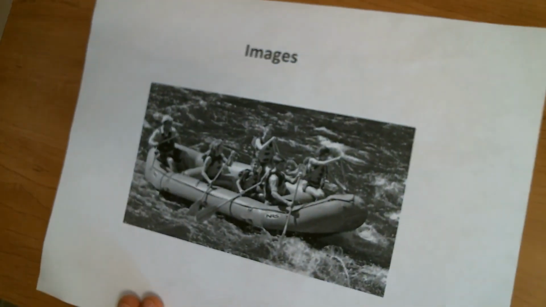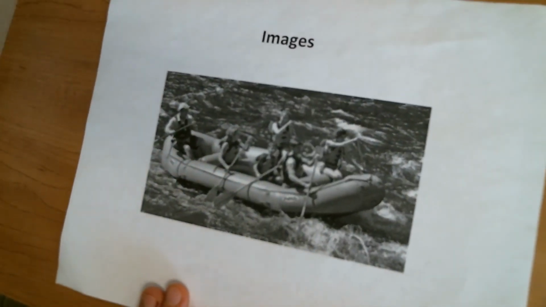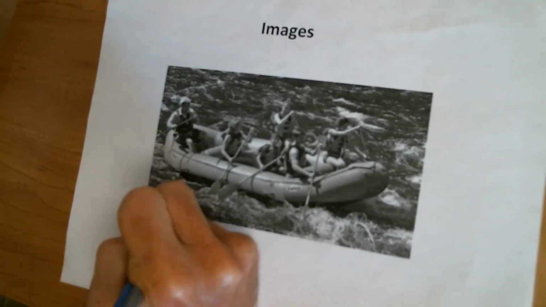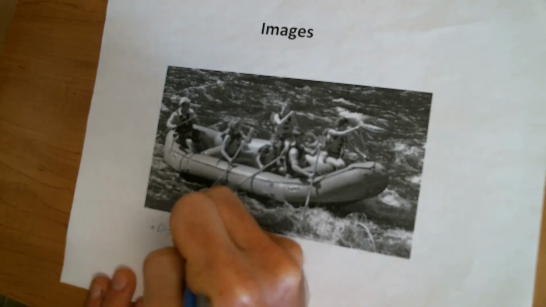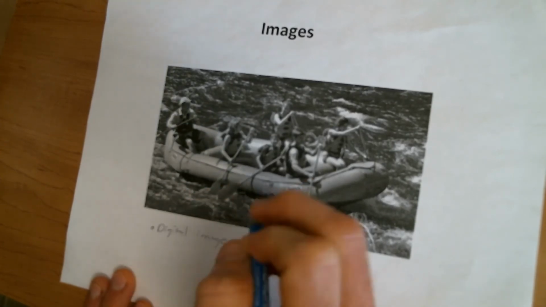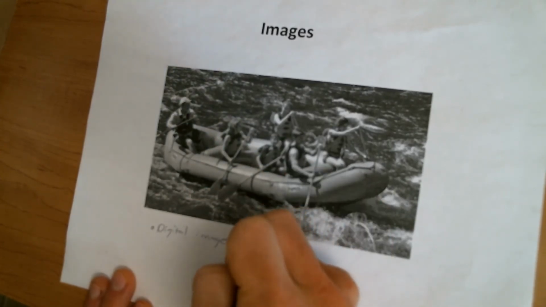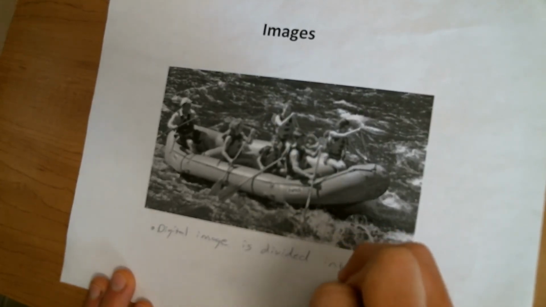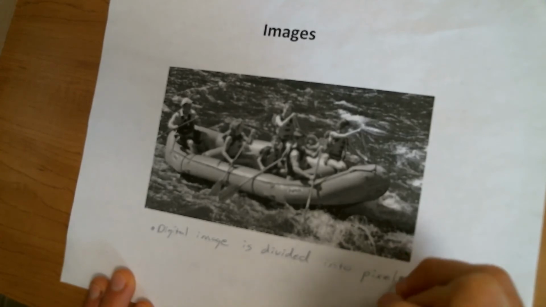Well, a picture is just lots of individual colors. So what happens is the digital image is divided into pixels, all right?